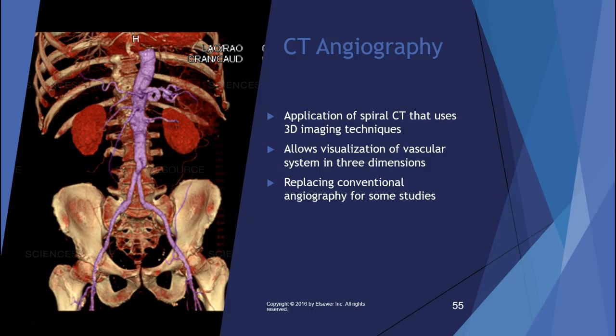Okay, so let's go into CT angiography. So the application of helical CT uses 3D imaging techniques, okay? It allows visualization of the vascular system in 3 dimensions, replacing conventional angiography for some studies. Matter of fact, it's replacing them for a lot of studies.